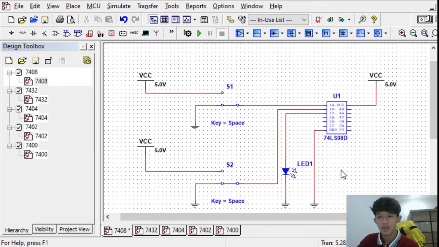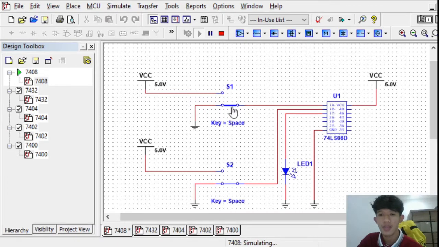So this is the first one. We are using the 7408 IC. This one is for A input and this one is for B input. We put 0 for both inputs. As we can see, the LED does not light up. Then we change to 0 for A input and 1 for B input. The LED still does not light up.